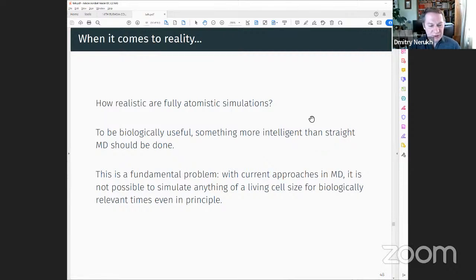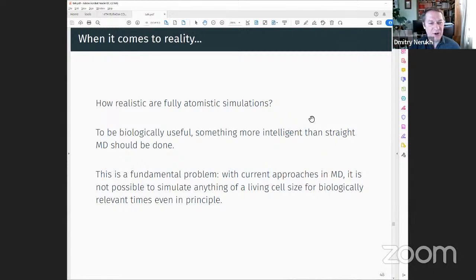And we cannot increase the size of this model indefinitely, because there are estimations that if you want to simulate a whole cell using molecular dynamics, it's impossible even theoretically.